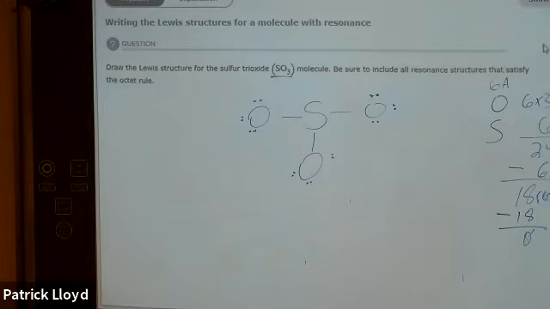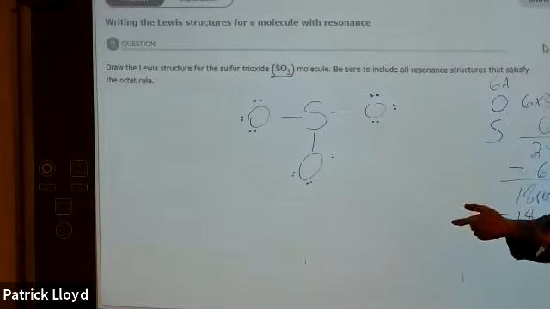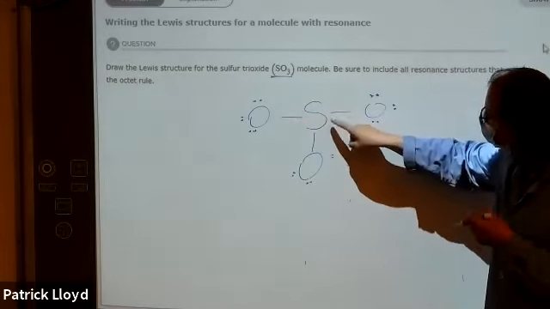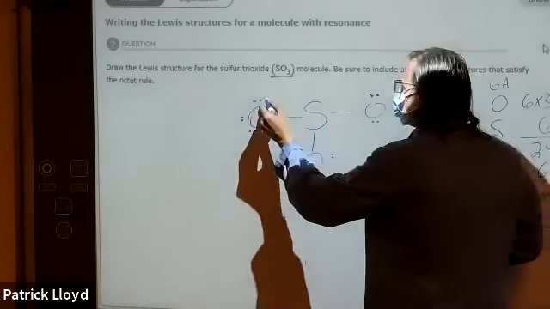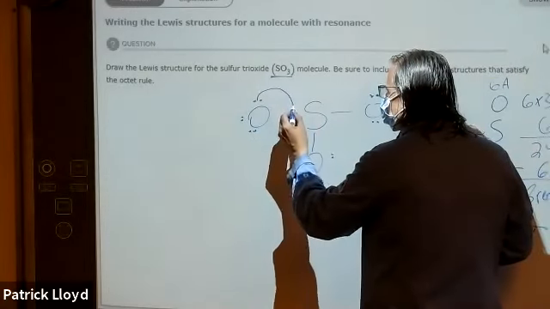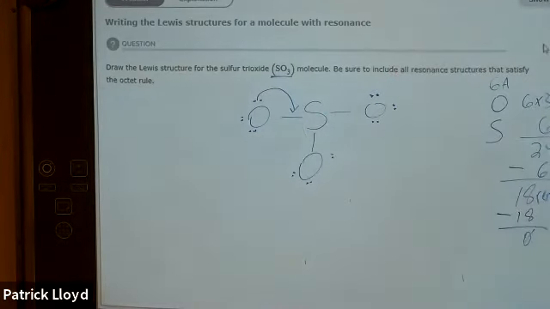Okay? And now you say, okay, well, we want to get octet rules, so what can we do? The sulfur only has 6, so it needs a pair. So I'm going to pick one of these oxygens. I'm just going to push a pair over. Okay? And that's going to become a second bond.